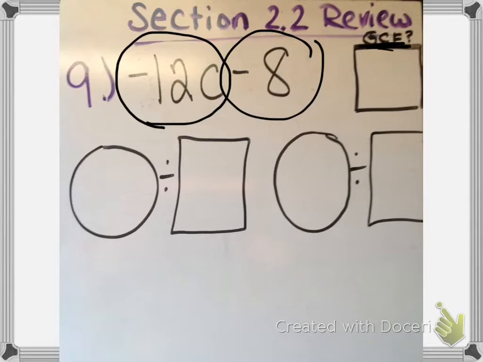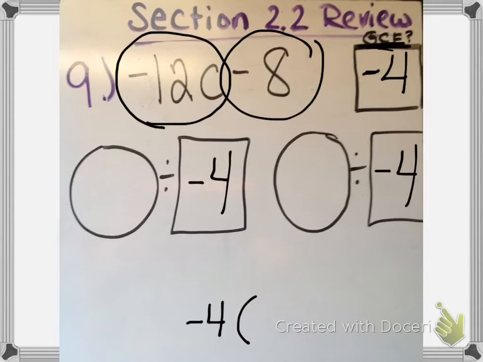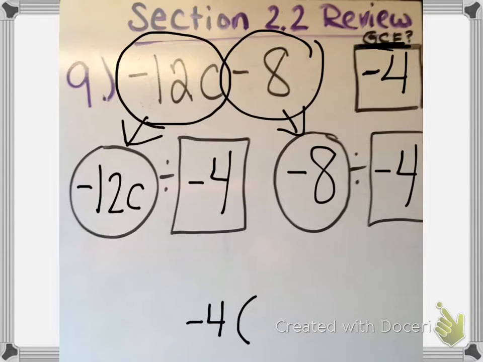Now remember, we said that the first term was a negative, so the greatest common factor is a negative, so it will be -4. So negative 4 is going to be on the outside of the parentheses, and it's also what we are dividing by in each of the terms. The first term was negative 12c, that comes down, and the second term was negative 8, so that comes down.